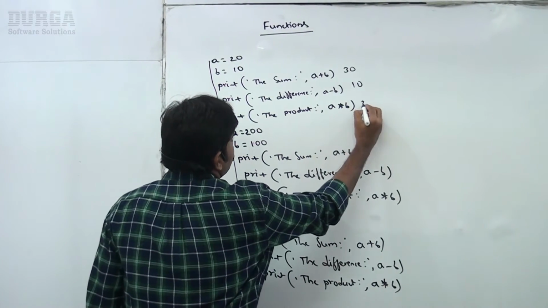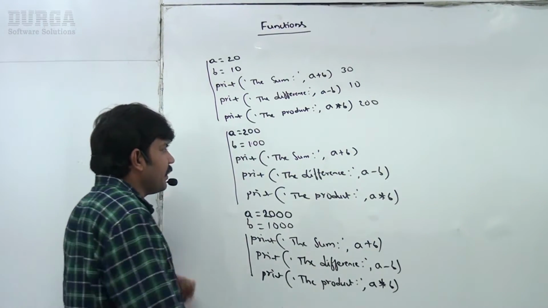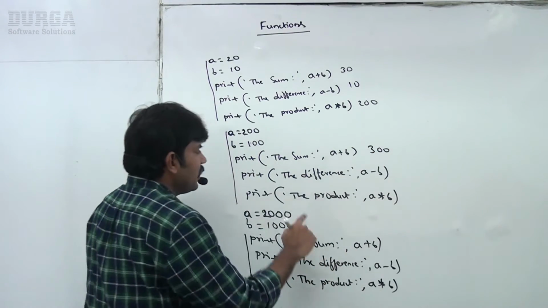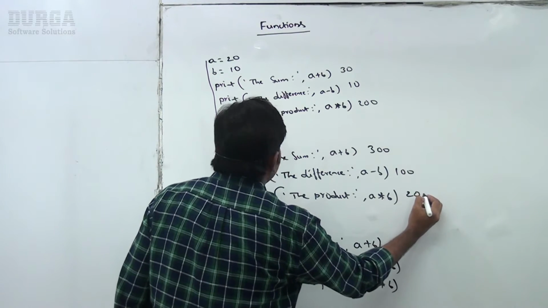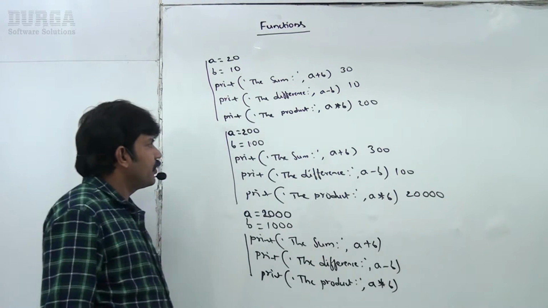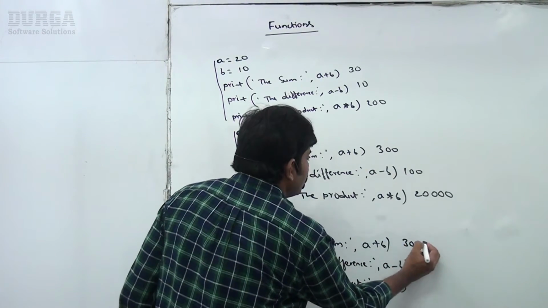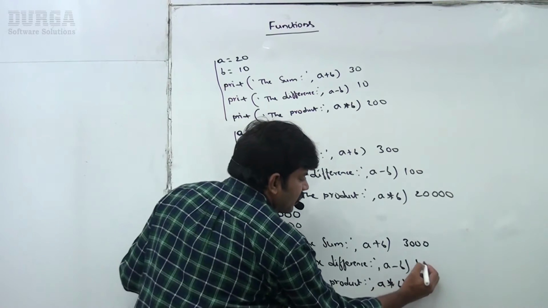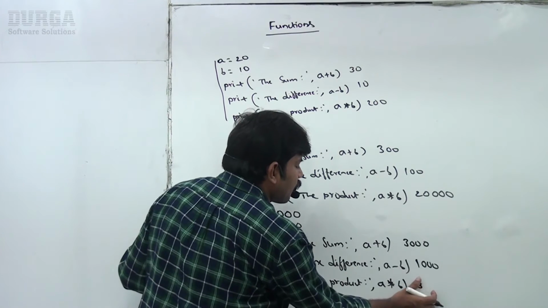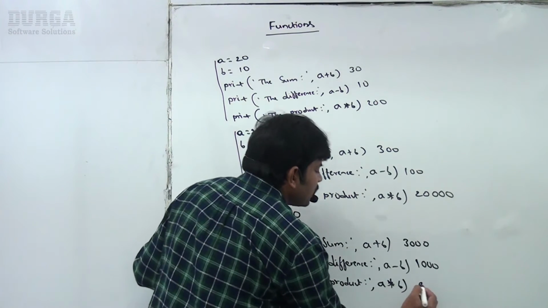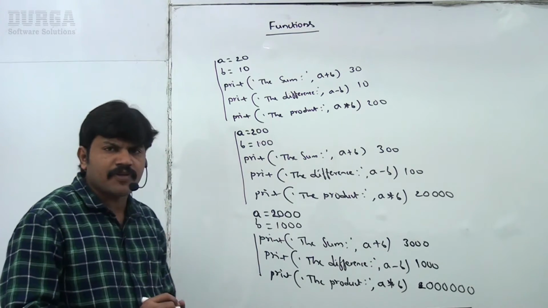A into b is 200. But now with a 200 and b 100, the sum is 300, the difference is 100, and the product is 20,000. Next, here also a plus b means 3000, a minus b means 1000, and the product is 2 followed by 6 zeros. Sir, this is the answer we are going to get. Perfectly it is valid.